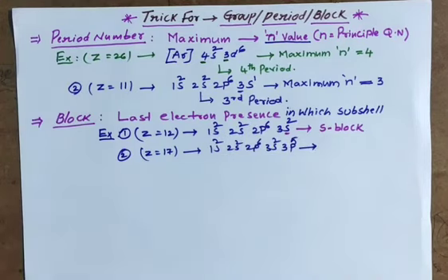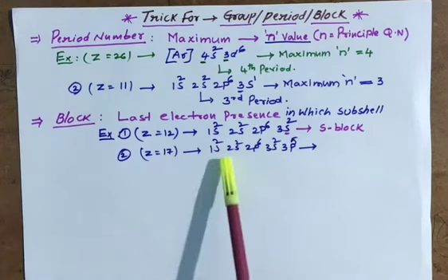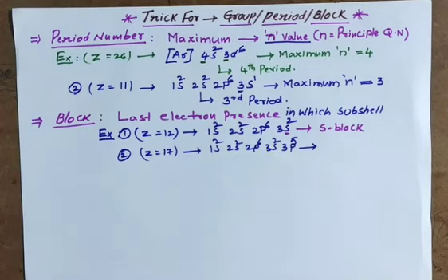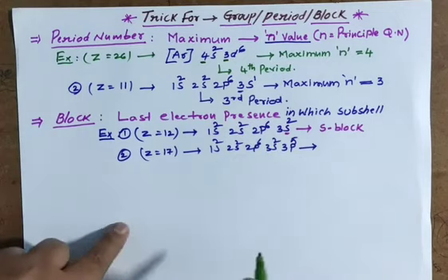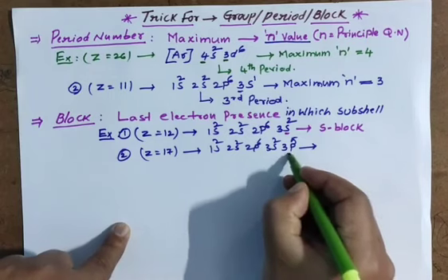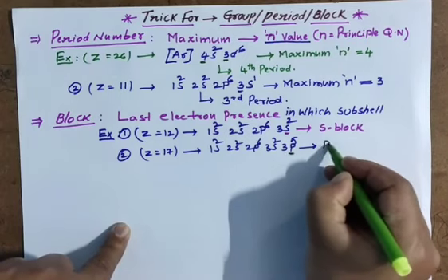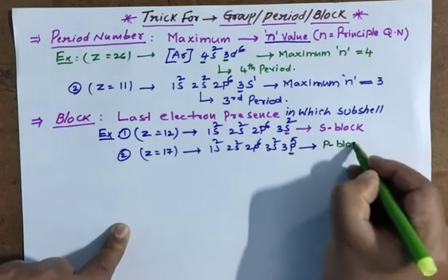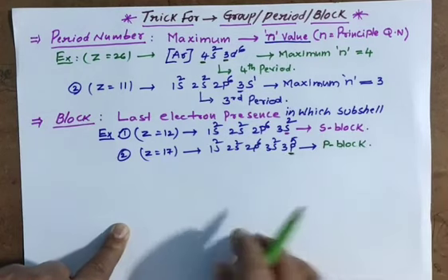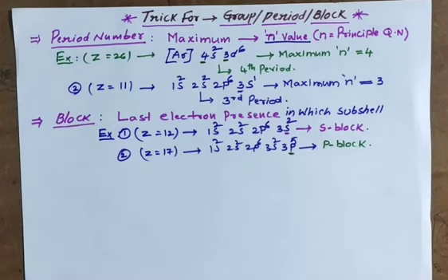So in total we filled 17. So 17 completed. The last electron is in the p subshell, so that belongs to p block. Like this, block prediction is very easy.